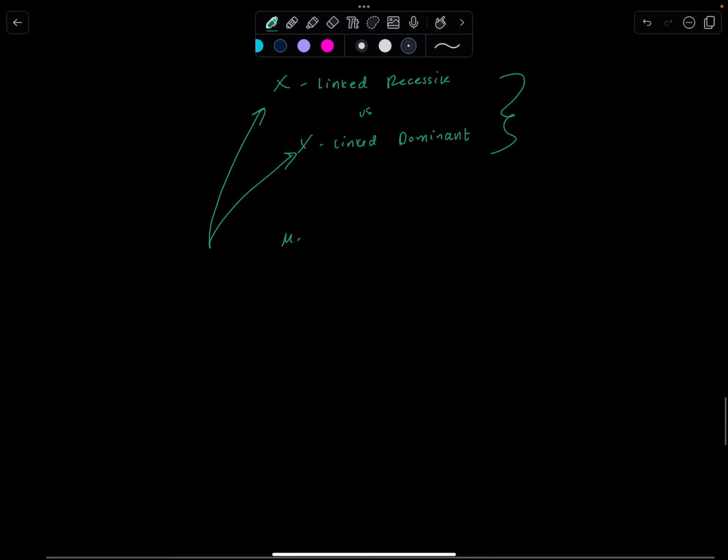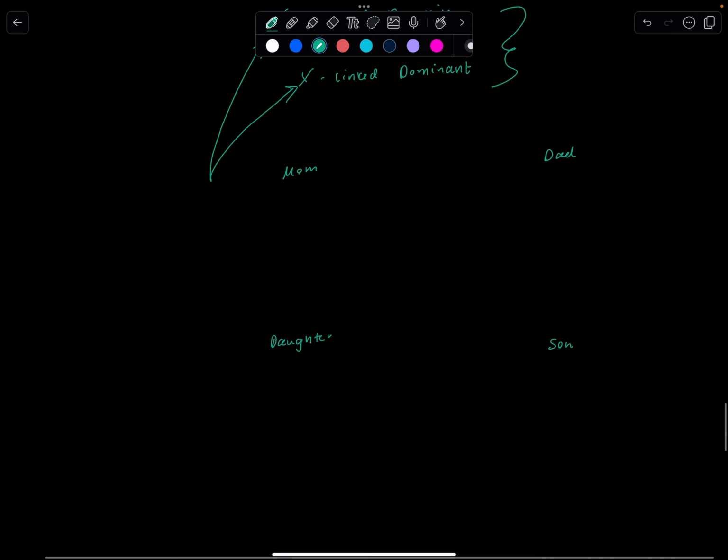So let's say we have mom and we have dad, and they're going to have a daughter and a son. What are the sex chromosomes for a female?